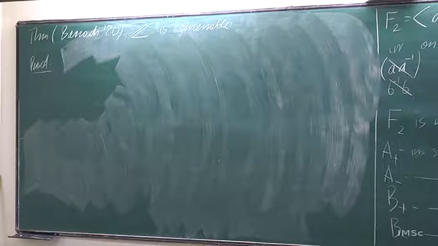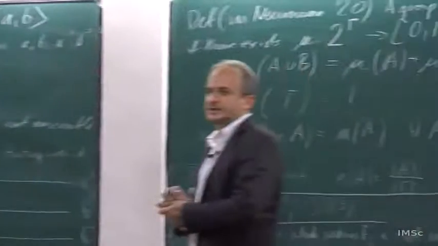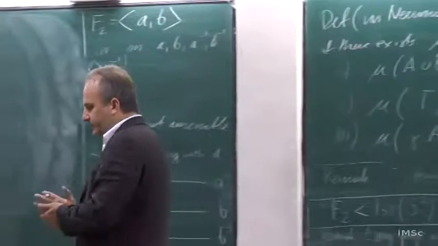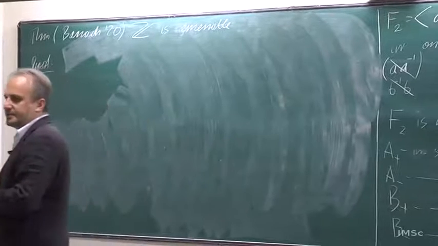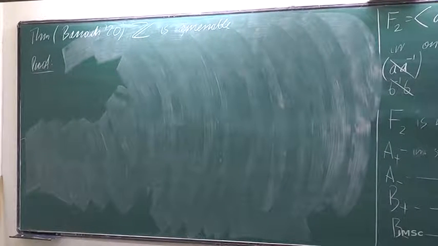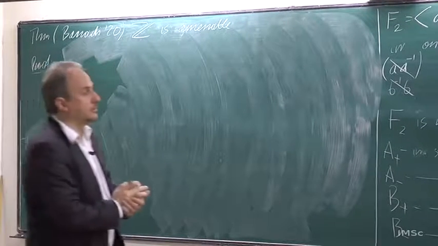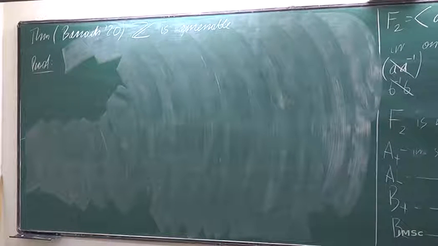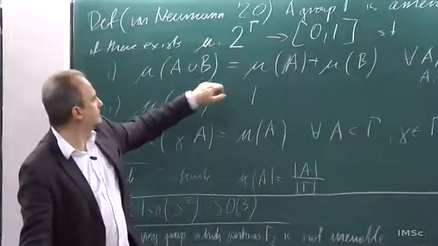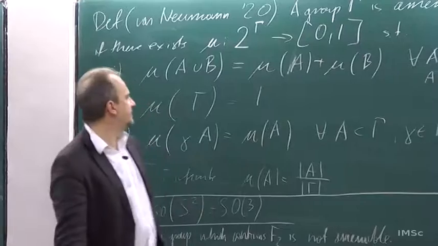We're going to prove that on the integers there exists such a measure, such a density. It's a remarkable fact that one can define density for all subsets of integers, so that the density of a union is the sum of the densities.